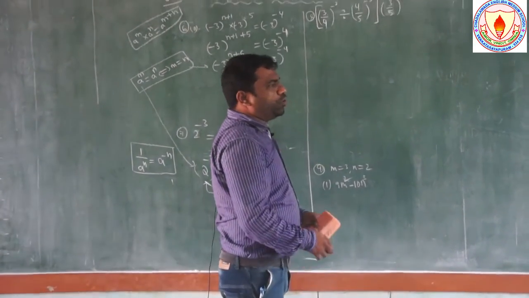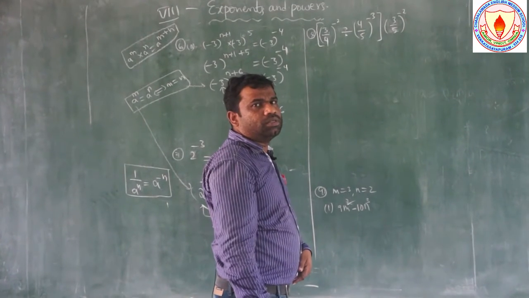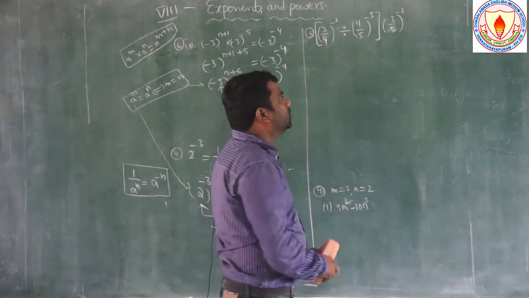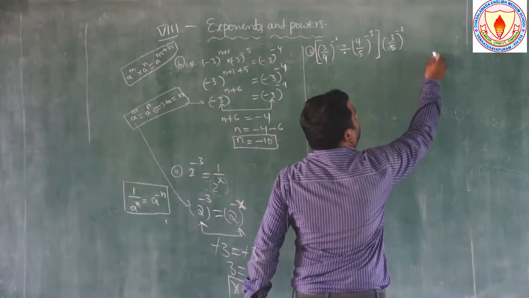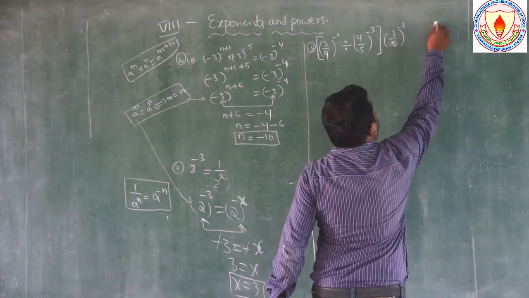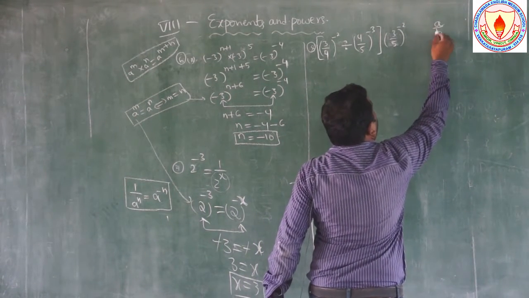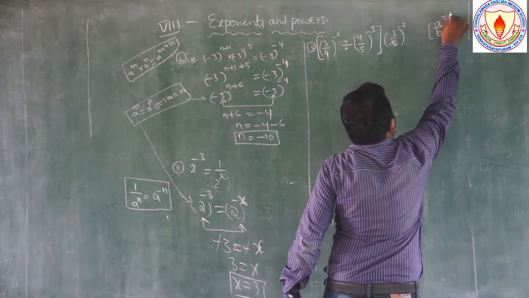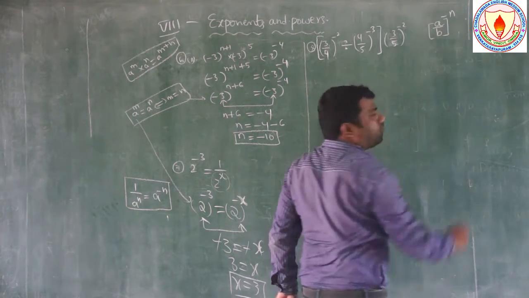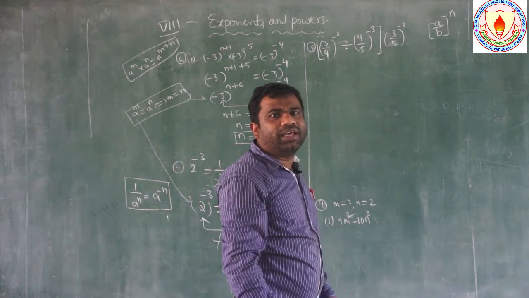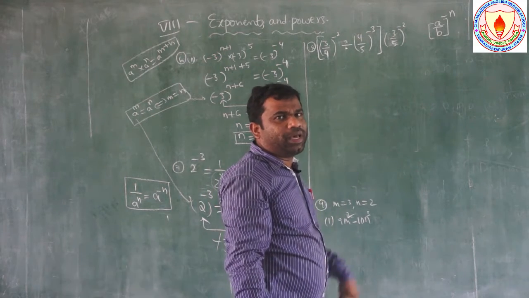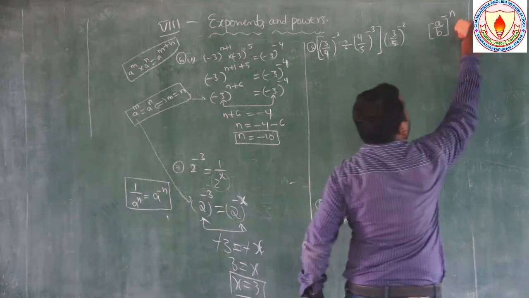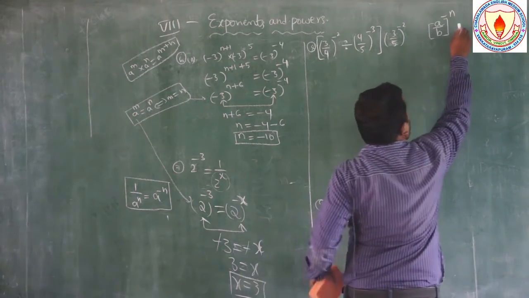In this, before going to learn this problem, one formula is there, that is a by b whole power minus n. I want to nullify the minus value. Just reciprocal it.